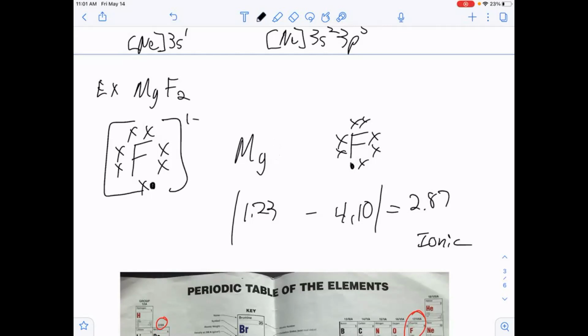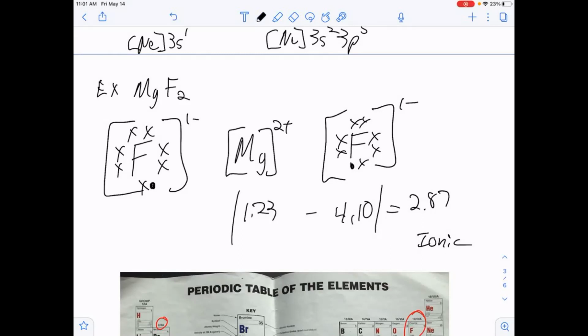This one's got a -1 charge. And what's going to be the charge on my magnesium there? How many did it lose? 2. So it's going to be +2.